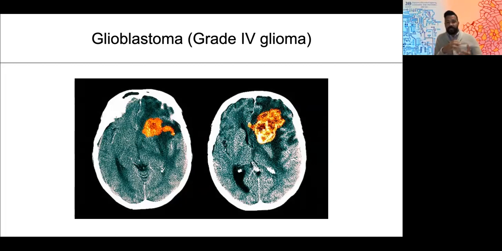It has an incidence rate of about 3 to 4 cases for every 100,000 individuals, and median survival is somewhere on the order of 12 to 15 months, despite aggressive treatment that consists of surgical resection of the main tumor mass, followed by radiotherapy, chemotherapy, and, more common now as well, tumor treating fields. Now, glioblastoma is a highly diffusive tumor type where tumor cells invade far into healthy tissue. So really that chemotherapy is very important to target that residual disease after resection.